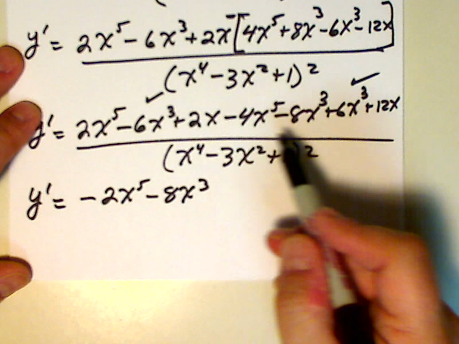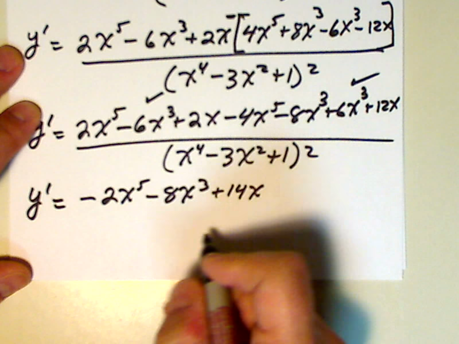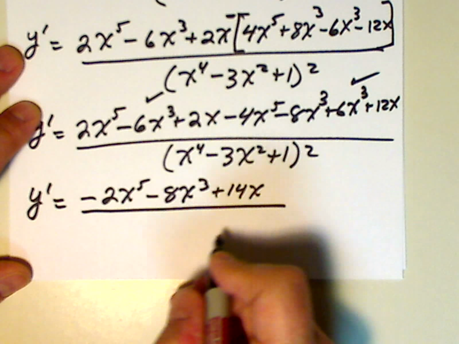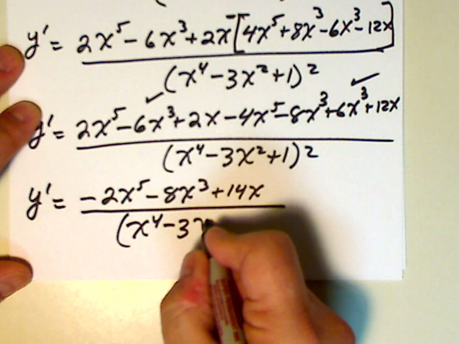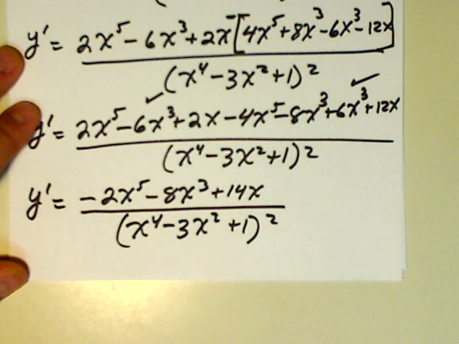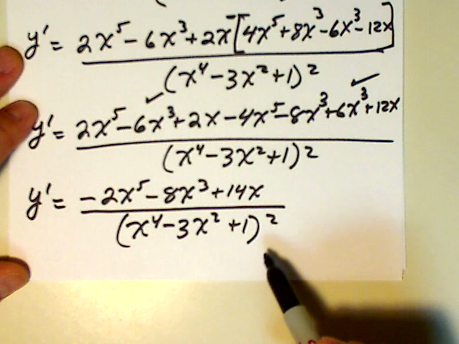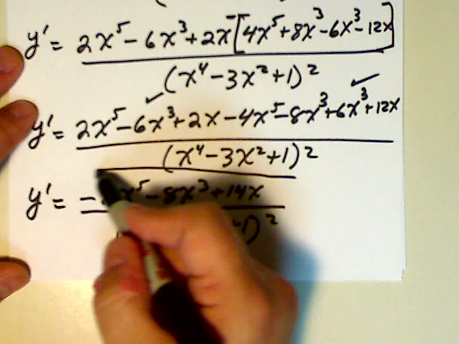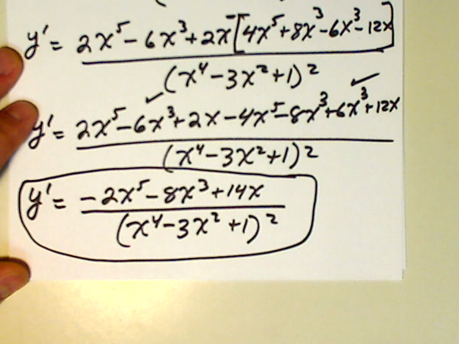And 2x and 12x are 14x. And that's all divided by x to the fourth minus 3x squared plus 1 squared. Well, I think this is perfectly acceptable for a derivative.